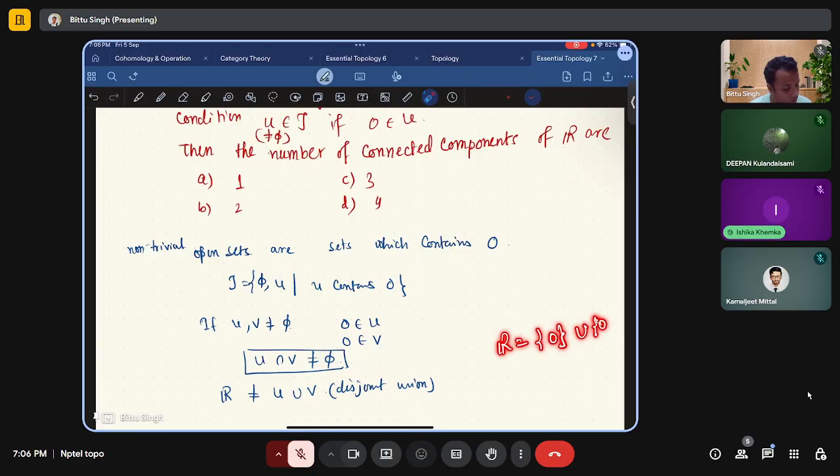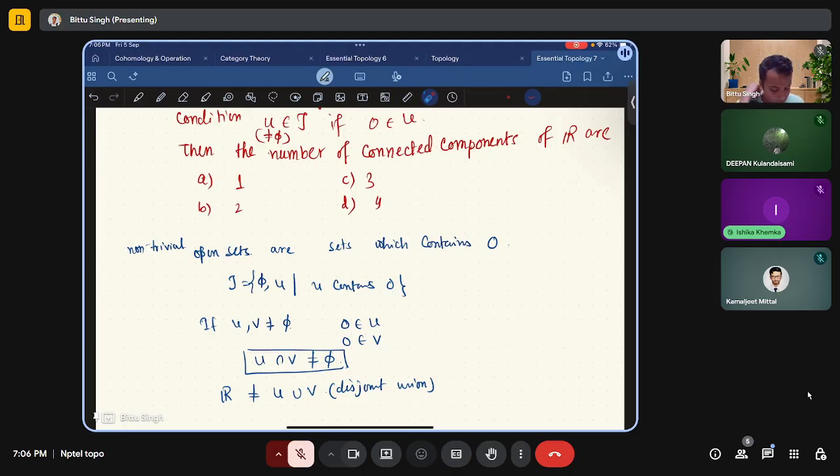Take 0 comma 1 union something, R minus 1. So those are non-trivial unions which give R. But the problem is those two are not disjoint. This problem will arise.